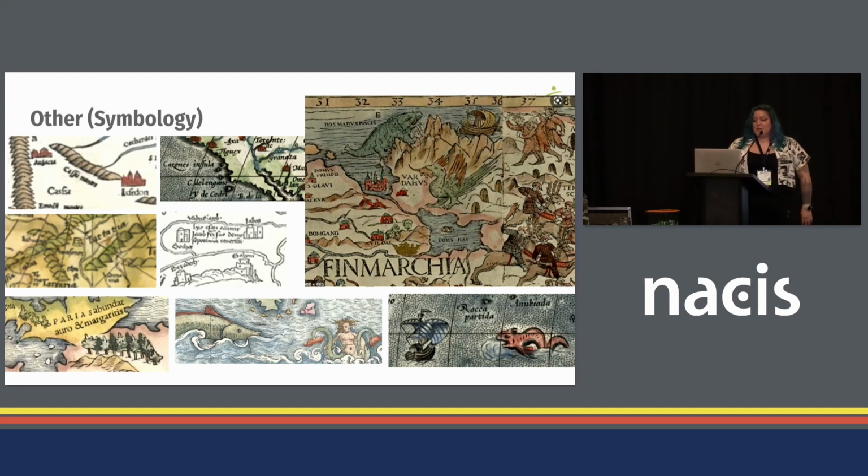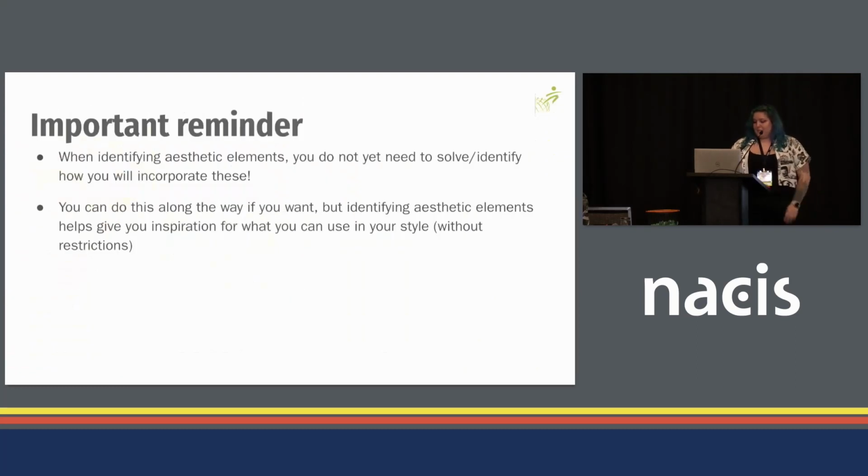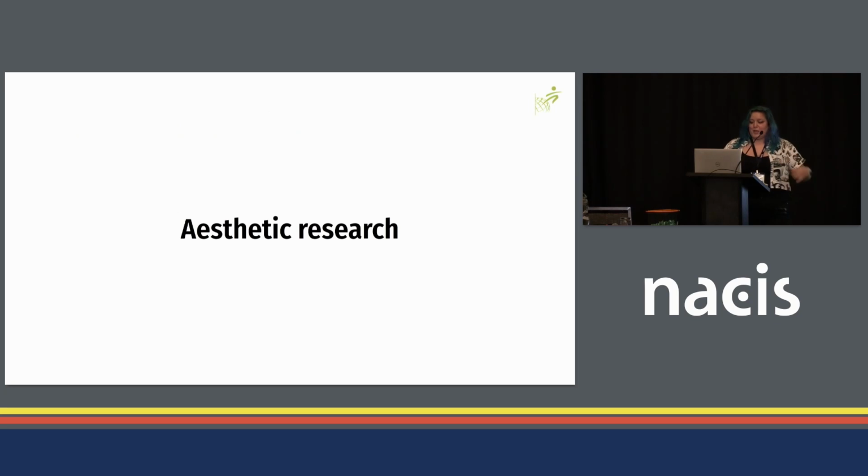Obviously, we often use symbology as a point representation, but the symbology is usually a complicated thing. So, as you are gathering aesthetic elements, it is important to note you don't need to solve yet how you're going to recreate any of these elements. You're using this list of things to inspire you and to know what you want to pull in, and you'll answer how you recreate it later, in step 3.